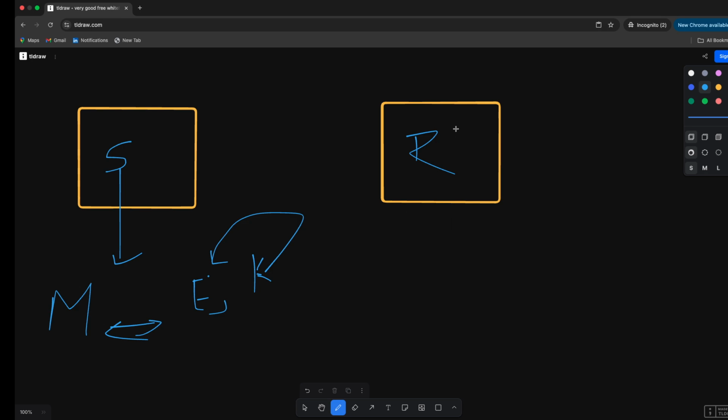Now at the receiver end, I need to decrypt the incoming message, right? So at the receiver I'm going to need the encryption as well as the key, so that I can get the original message that was being transmitted.